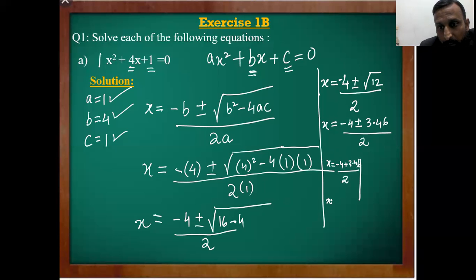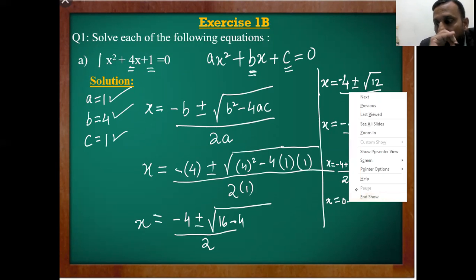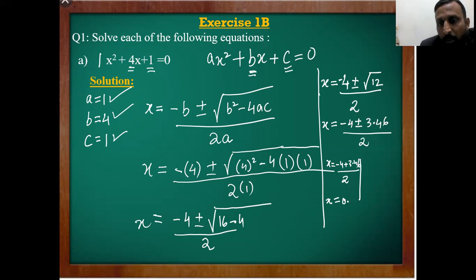Your calculator will give you the answer for negative 4 plus 3.46 upon 2, which is found to be negative 0.27.